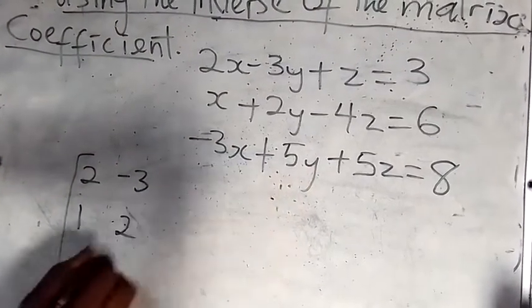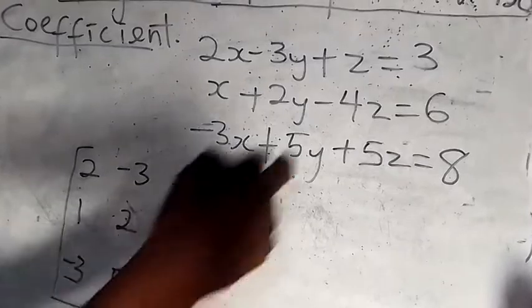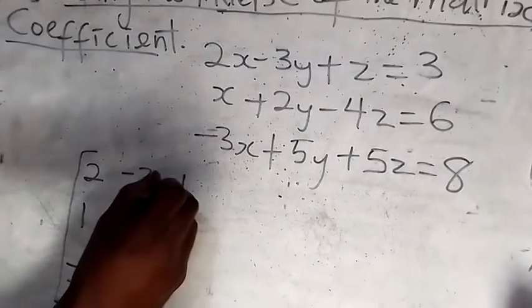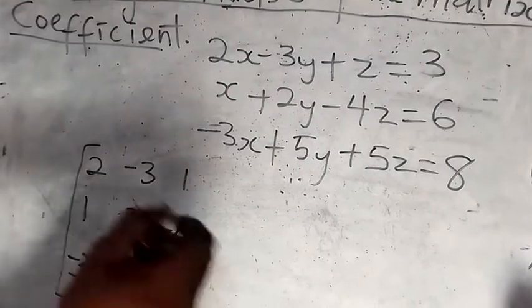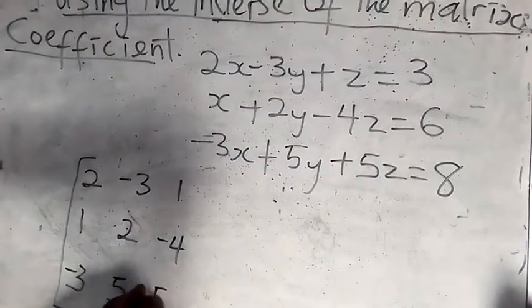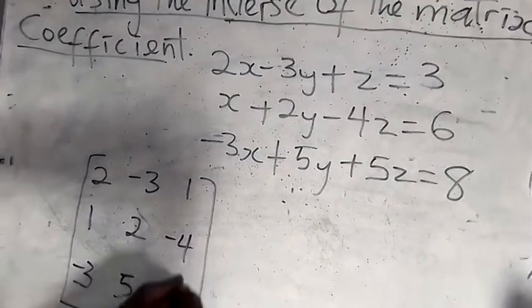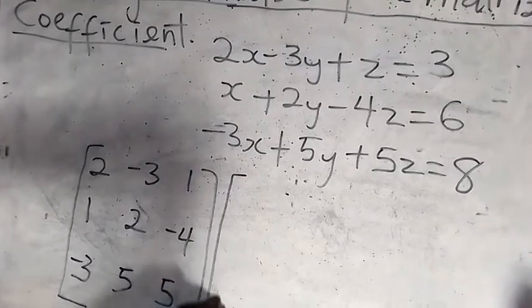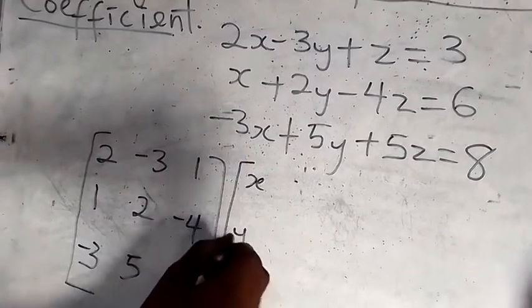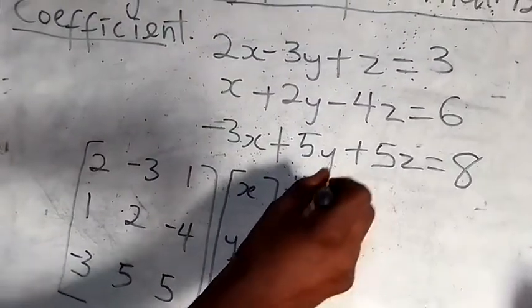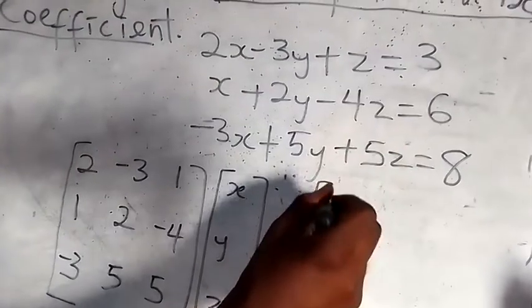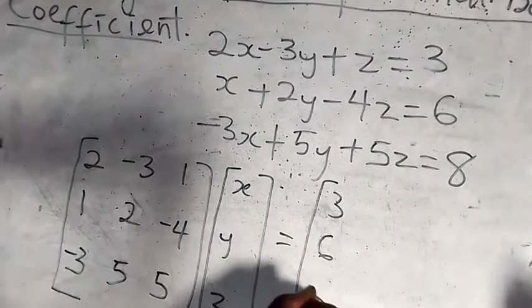Coefficient of y here is 5. Coefficient of z here is 1, coefficient of z here is minus 4, coefficient of z here is 5. The unknown value is x, y, z. 3, 6, 8.